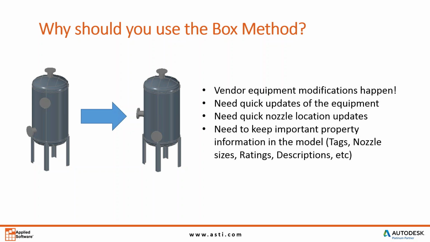You really need to keep all that intact. So what I'm going to show you today is a way to swap out that equipment fairly quickly and easily, while at the same time maintaining those tags, nozzle sizes, ratings, descriptions, etc., to make that a little easier on you in your day-to-day.